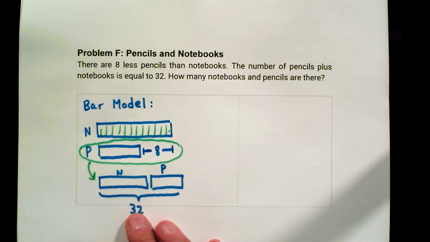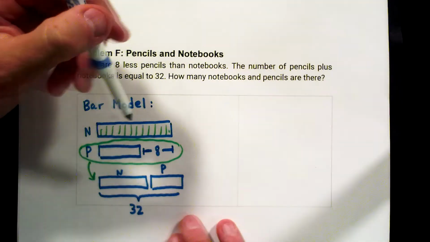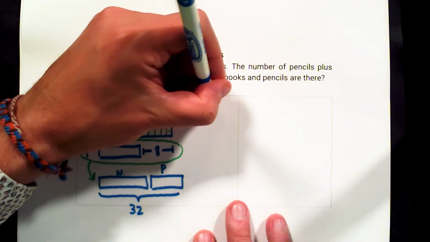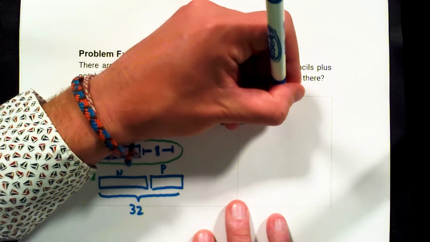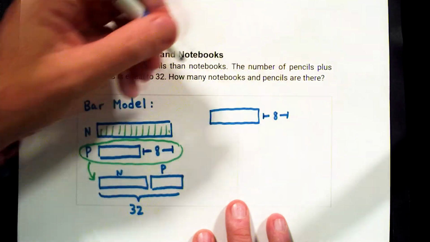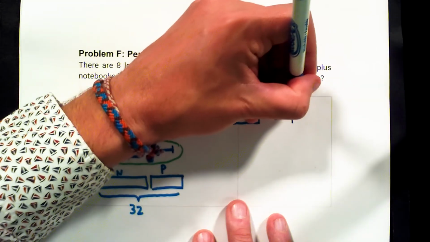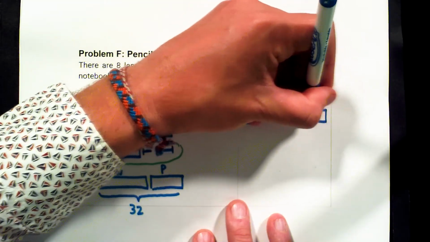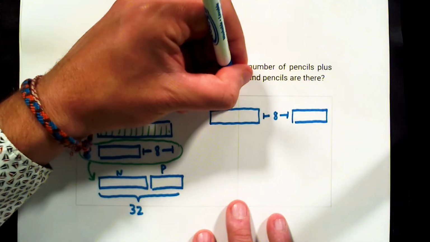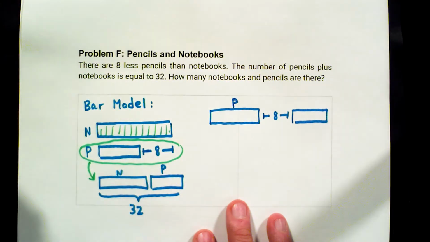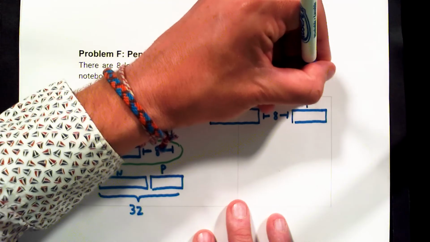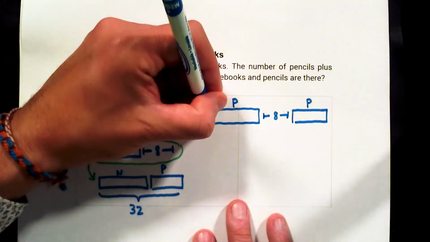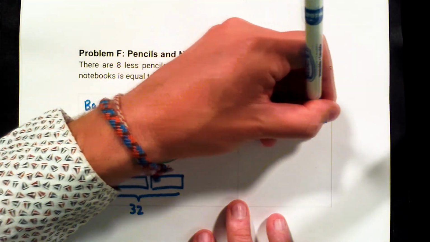So I'll build my model again. Instead of this n, I'll have p and 8. I'm just writing my second model again. So this should be a p, and this should be an 8. That's my n. And finally, this is my p. And this should be 32.